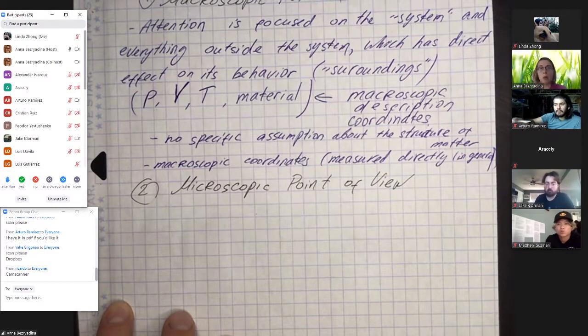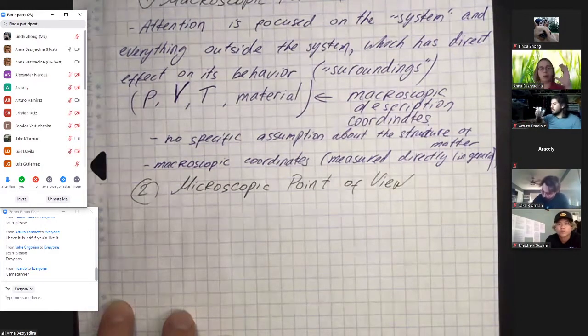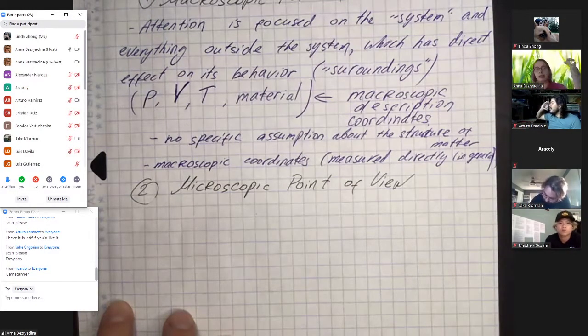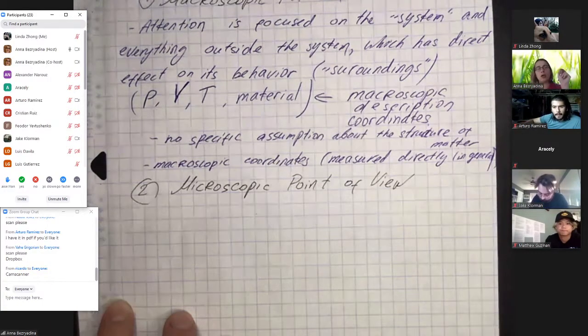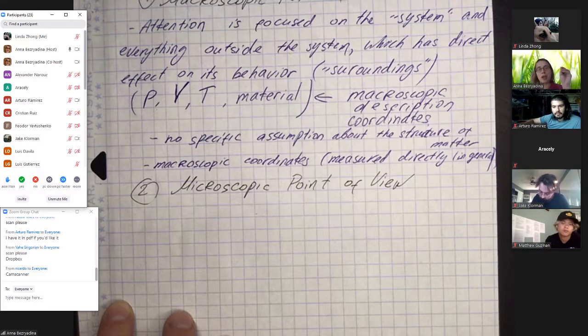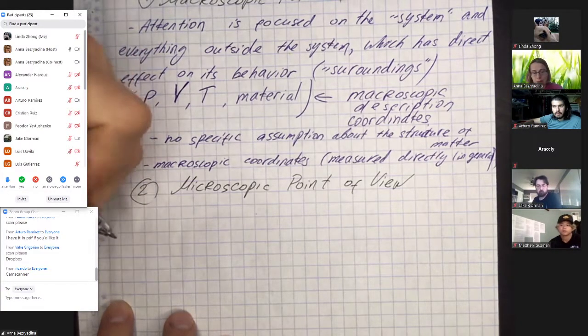For example, when we take a gas in this container, we look and see that this gas has these particular molecules, we assume they're the same, and each of them moves randomly in each direction independently. This is the assumption for the microscopic point of view.